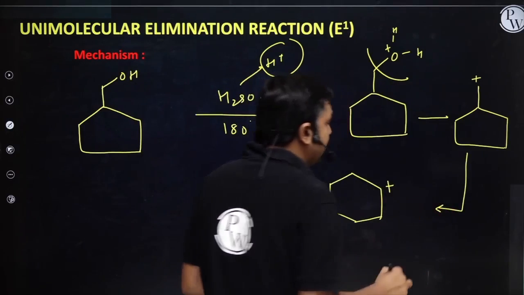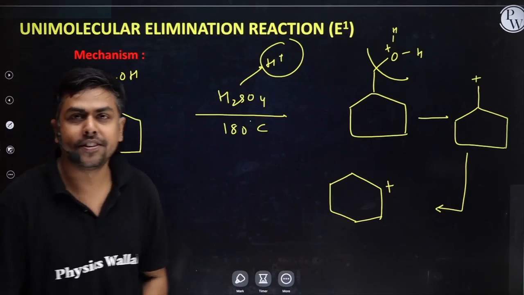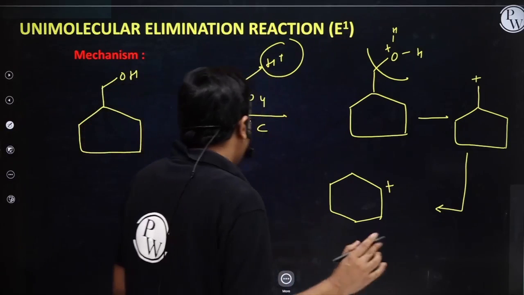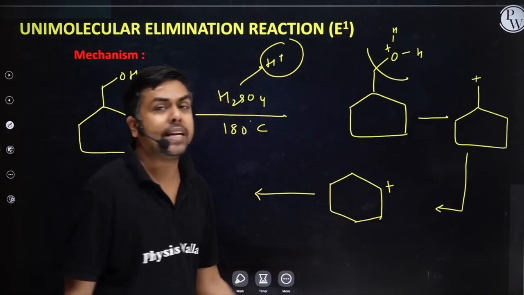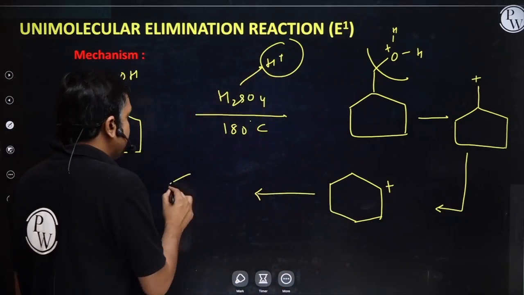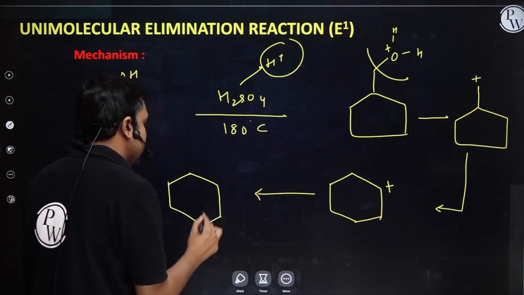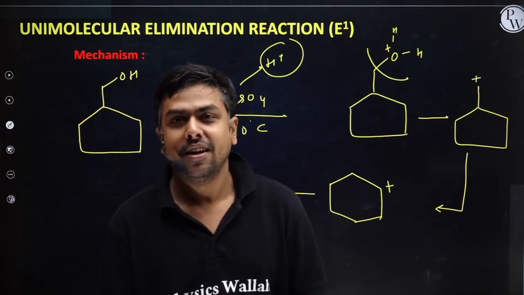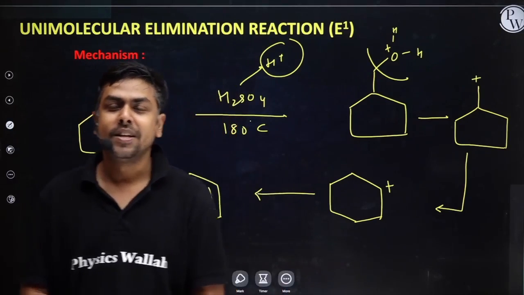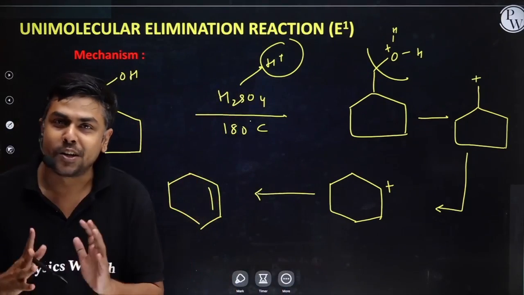We have done this rearrangement reaction in the reaction mechanism chapter, right? And now from this carbocation I am going to snatch one beta hydrogen, and which will give me alkene like this. Am I clear? So this is how E1 reaction occurs, student. I hope this is also crystal clear to you all.